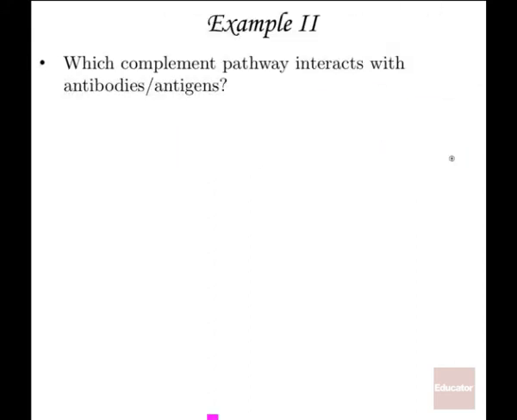Now, the second example has to do with which complement pathway interacts with antibodies and antigens. The best way to answer these questions sometimes is to have an understanding of all three, and if you understand at least two of them, you can eliminate the third. We've already talked about the lectin pathway.